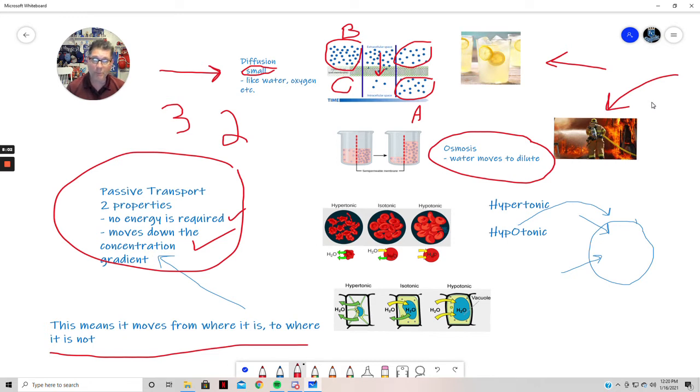But that's a fireman, and he is using water to help put out a fire. So he's not moving water just for the sake of moving water. He is moving water with a purpose. Okay, he is trying to get a job done with that water. And that's the same thing with osmosis and our cells and our water. We're trying to get a job done. Okay, and the job is to dilute down concentration amounts.